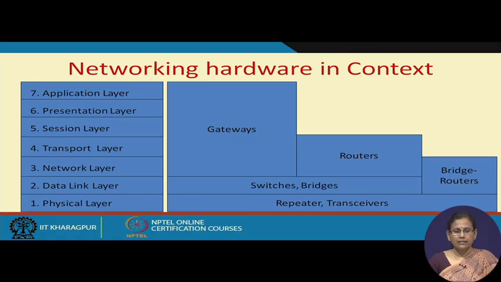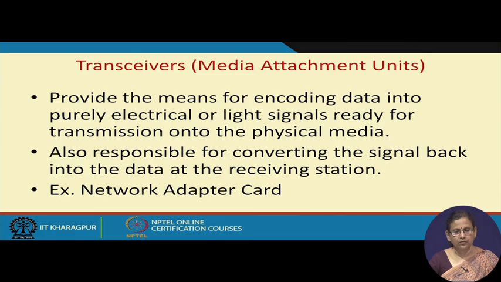In the physical layer you have repeaters and transceivers, in the data link layer you have switches and bridges, in the network and transport layer you have your routers, then for upper layers you have gateways, then there are certain bridge routers. Let us see the functionality of each of them.